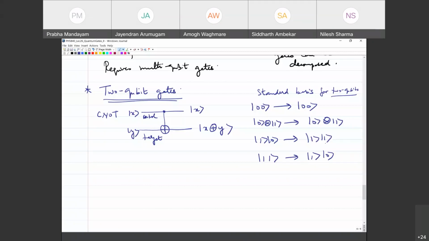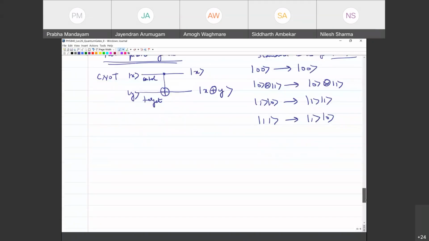What is the matrix corresponding to this? I'm not sure whether I wrote out this matrix earlier. So this is of course going to be a 4 cross 4 matrix, right? It's a gate acting on 2 qubit registers. So can someone read out the matrix elements of this for me?